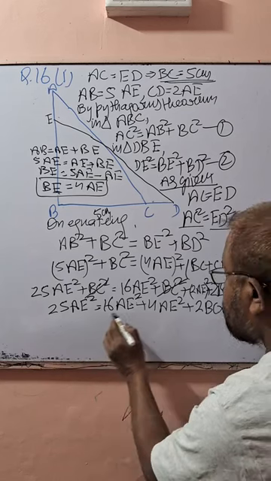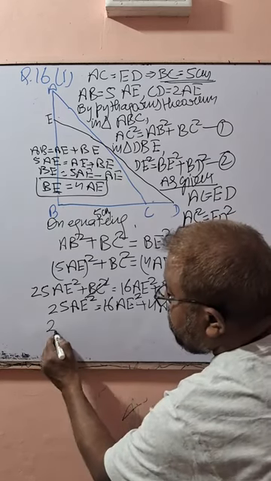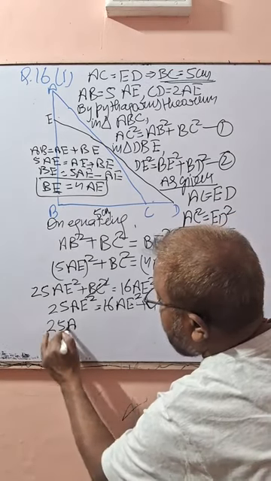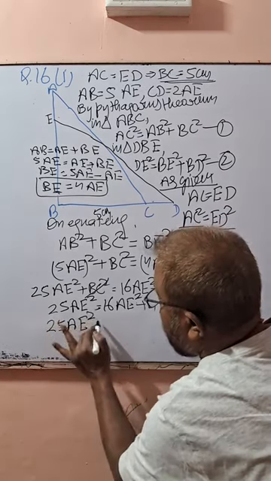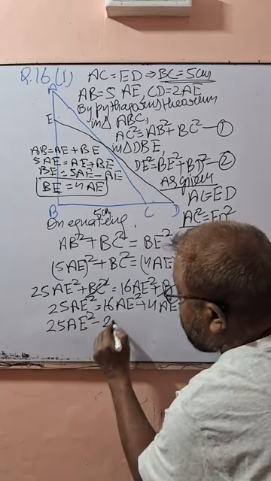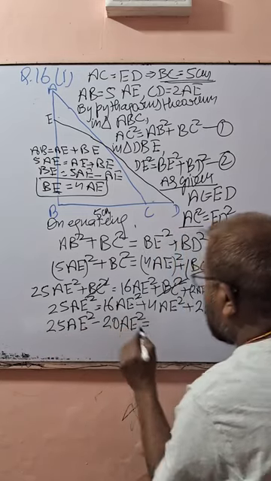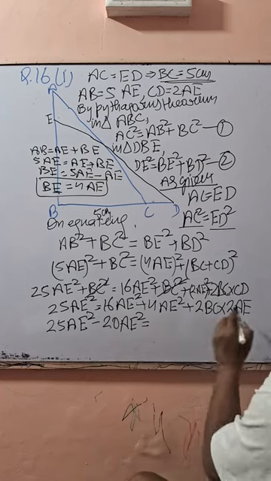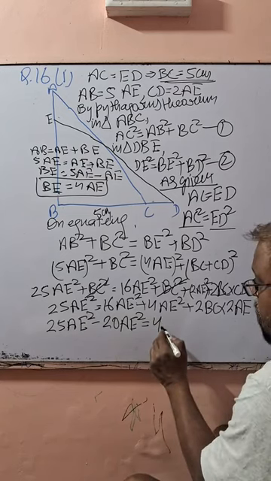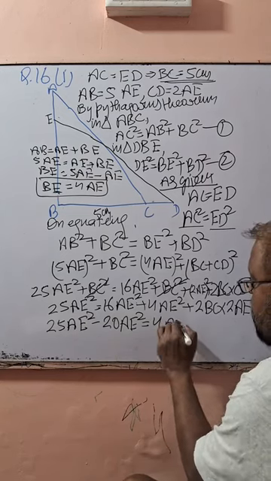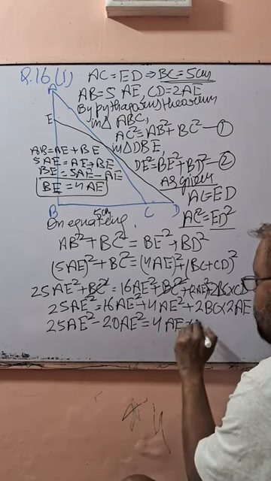So 25 AE square minus 20 AE square is equal to 4AE into BC.